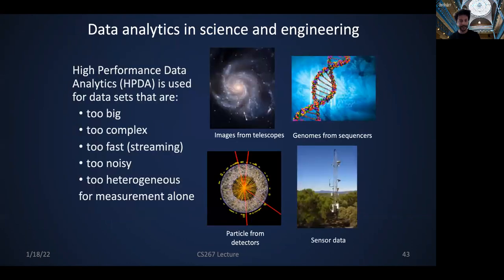And symmetrically to the simulation cases, this is also used for data sets that are too big, too complex, too fast, meaning the data is moving too fast before we can capture it, which happens a lot with particle detectors used in particle physics, too noisy or too heterogeneous.